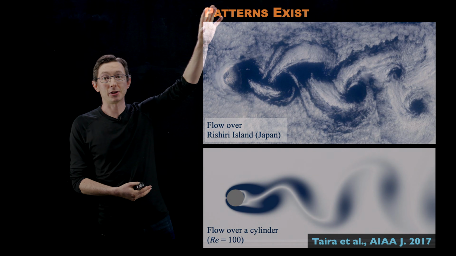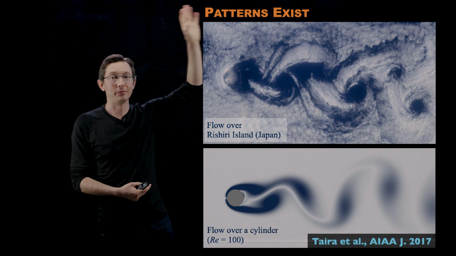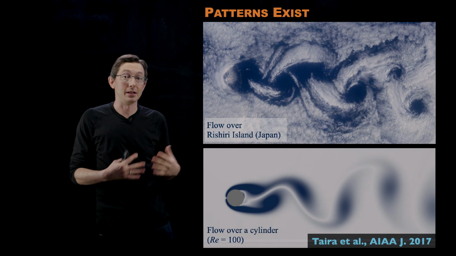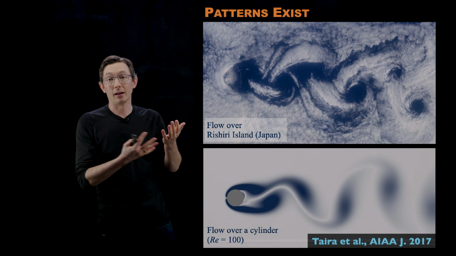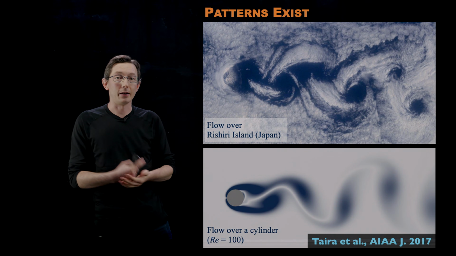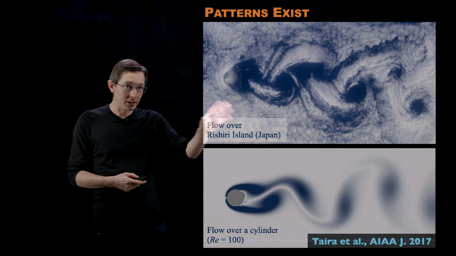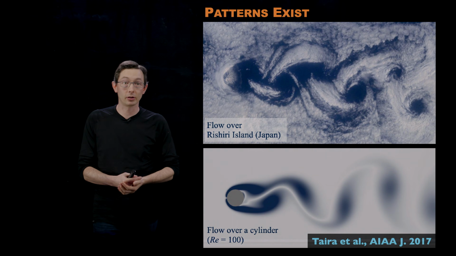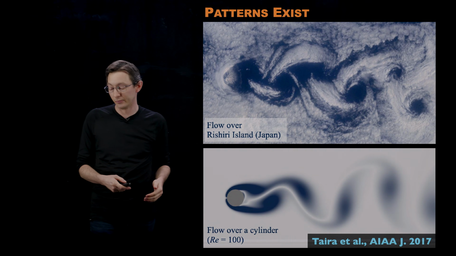And pattern extraction, the theory of pattern identification and extraction, has a rich history, and a lot of the modern machine learning algorithms grew out of pattern extraction theory. Okay, so we're going to use these patterns in flow fields to model, to predict, and to control the future evolution of these flow fields.